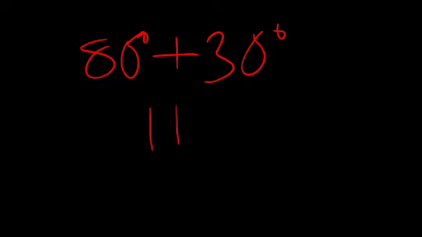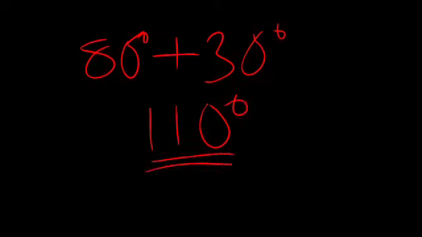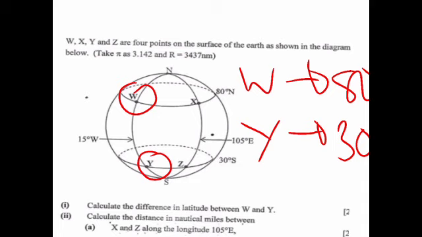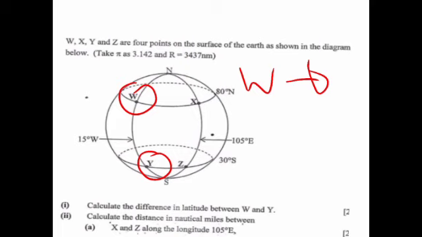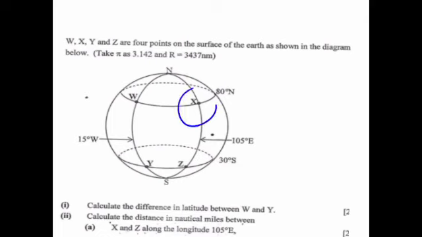Now let's go to the next question. The next question is asking us to calculate the distance in nautical miles between X and Z. You can see that X is here and Z is there, meaning that we need to calculate the angular difference.